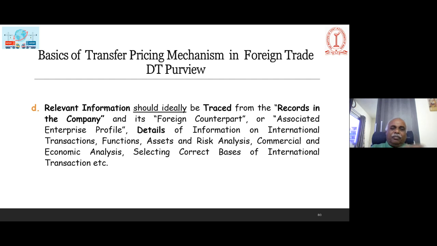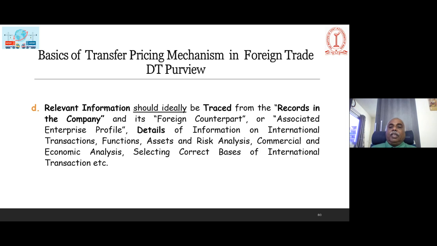Selecting the correct base of international transaction is an art as well as a science. The science is the rules and regulations framed by the revenue authority. Convincing the tax revenue authority is also very much required.